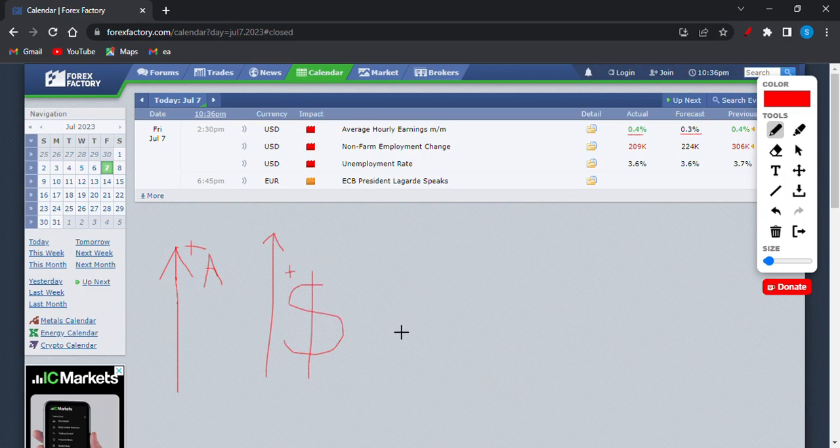Okay, and then with any increase in USD, we can possibly have an increase in inflation.